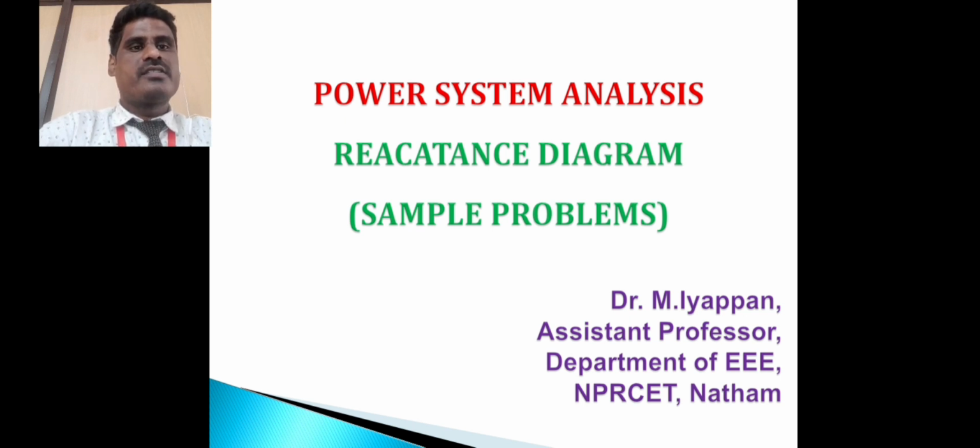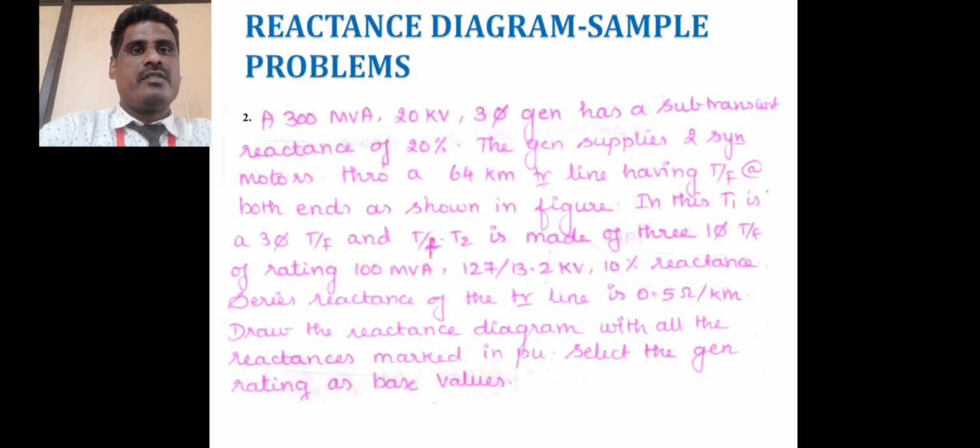Today we are going to discuss the topic of reactance diagram sample problems. The first problem is a 300 MVA, 20 kV, 3-phase generator that has a subtransient reactance of 20%. The generator supplies two synchronous motors through a 64 km transmission line having transformers at both ends, as shown in the figure.